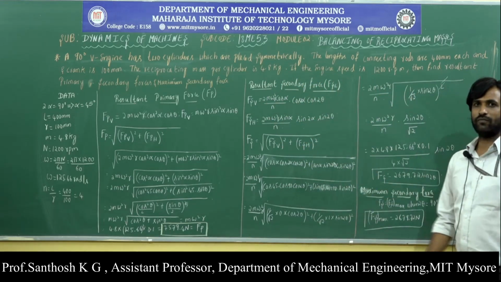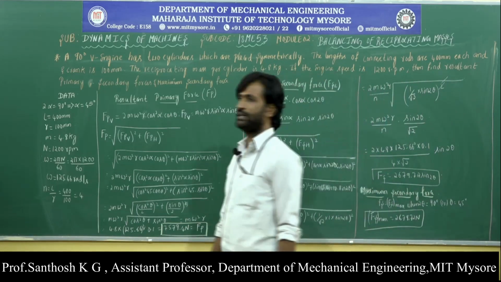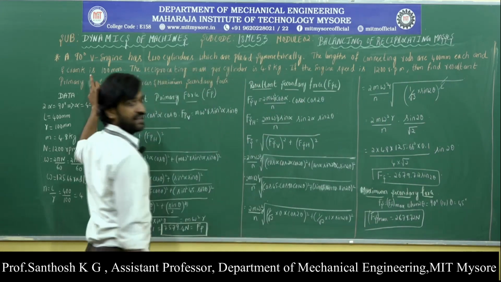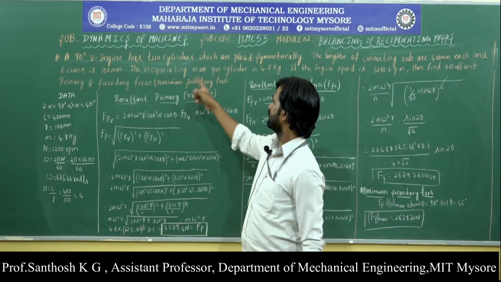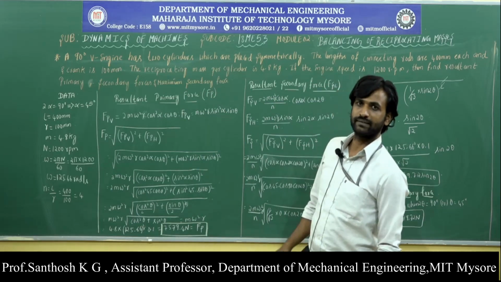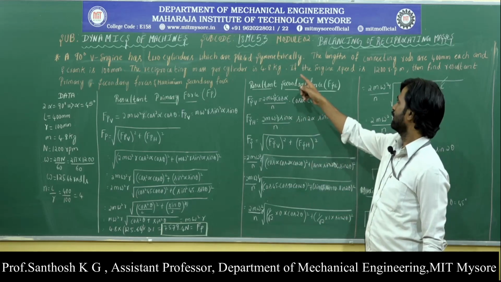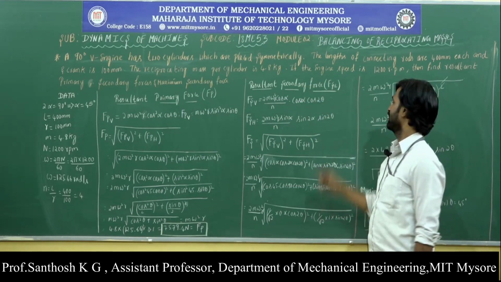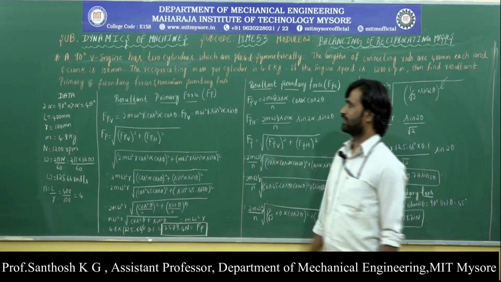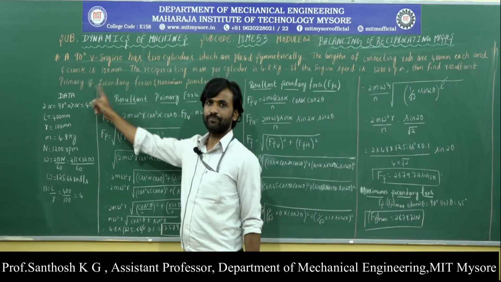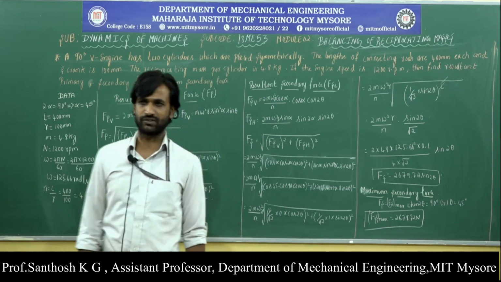The length of the connecting rod is 400 millimeter each, and the crank is 100 millimeter. The reciprocating mass per cylinder is 4.8 kg. If the engine speed is 1200 rpm, find the resultant primary, secondary and the maximum secondary forces.